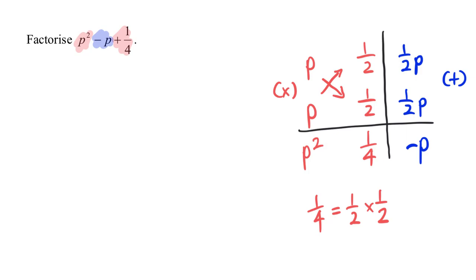Now is to think about the negative sign, and if I have negative half and negative half, they will give me my negative 1. And when I have a negative half times negative half, it will still give me back my positive 1/4. And so we have successfully factorized this particular expression.